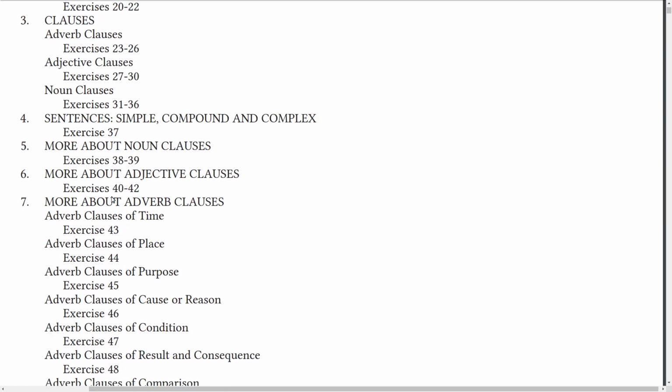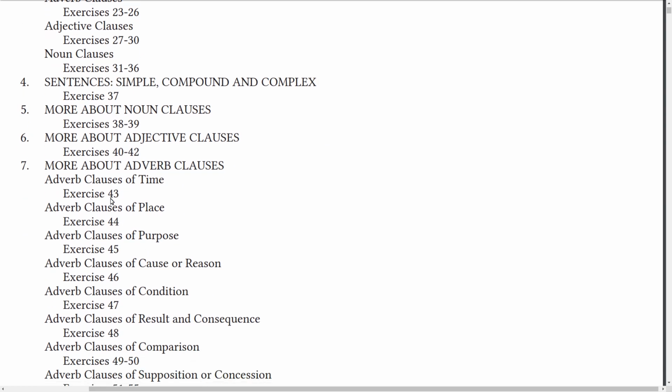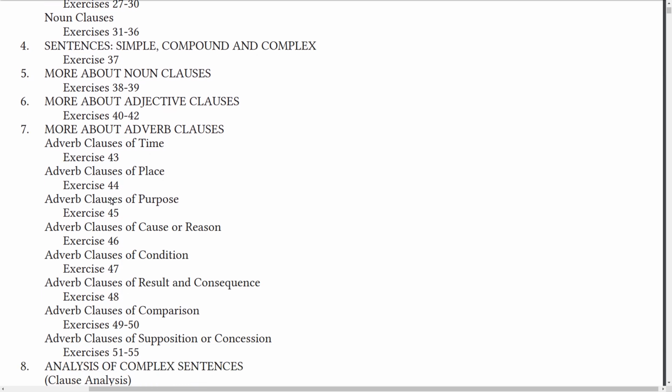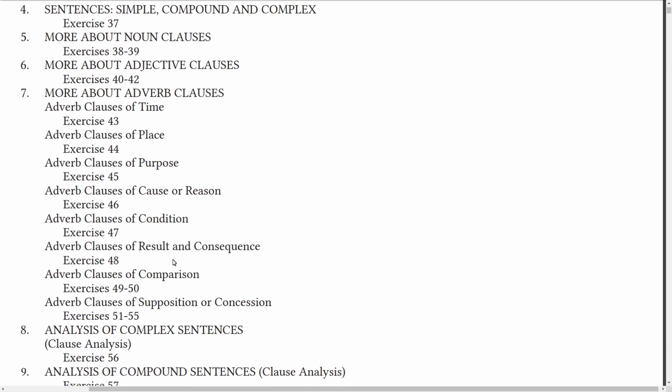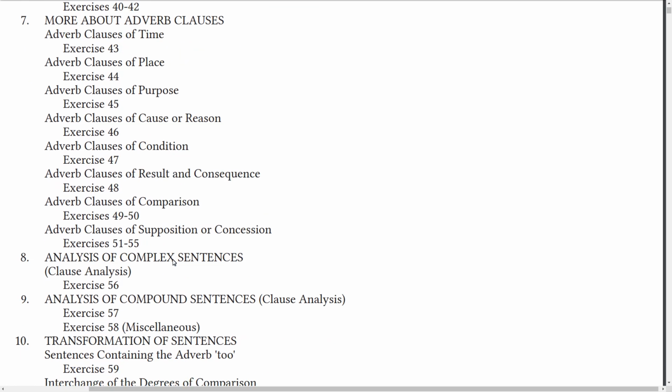And then we discuss the use of clauses, adjectives, adverbs, and then adverbs of time, place, purpose, cause and reason, condition, result and consequence, adverb clause of comparison, adverb clause of supposition or concession.